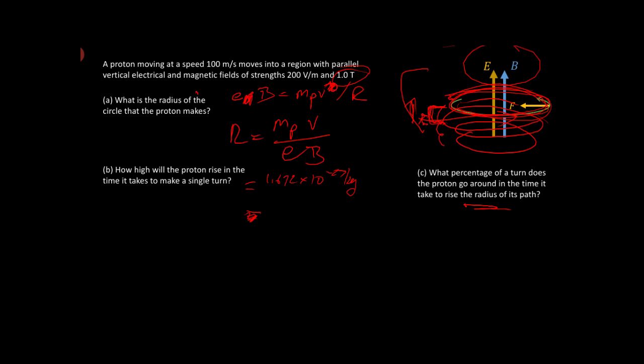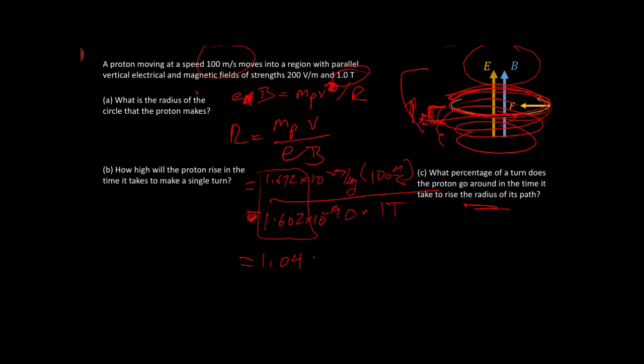So now we need to find the percentage of a turn. Well, we do the same thing now. We need r equals 1/2 a t squared, right? But over here, the distance was equal to 1/2 a t squared, right? So the ratio, t squared over t squared, is equal to r over d, which is 1.04 micrometers over 10.2 micrometers.